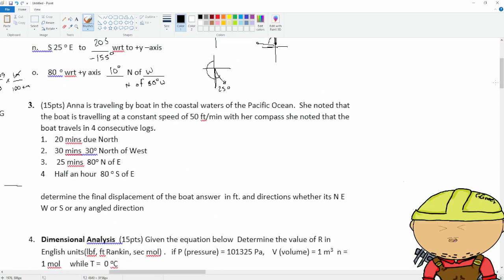How about this one? Anna is traveling by boat in the coastal waters of the Pacific Ocean. She noted with her compass that the boat is traveling at a constant speed of 50 feet per minute.